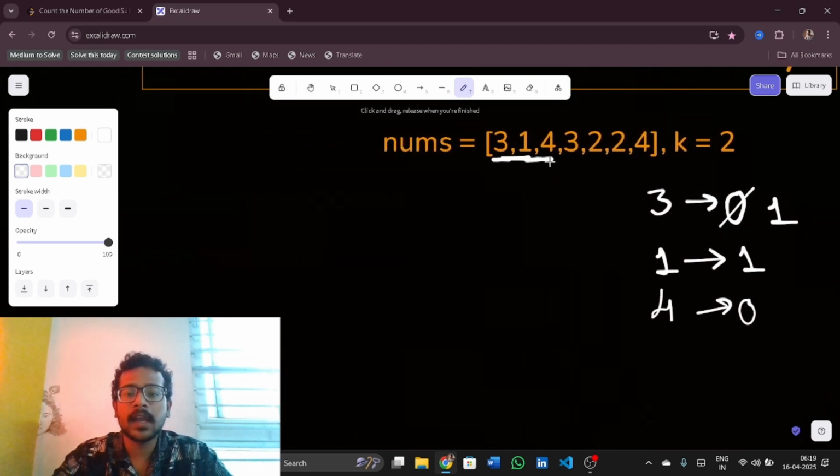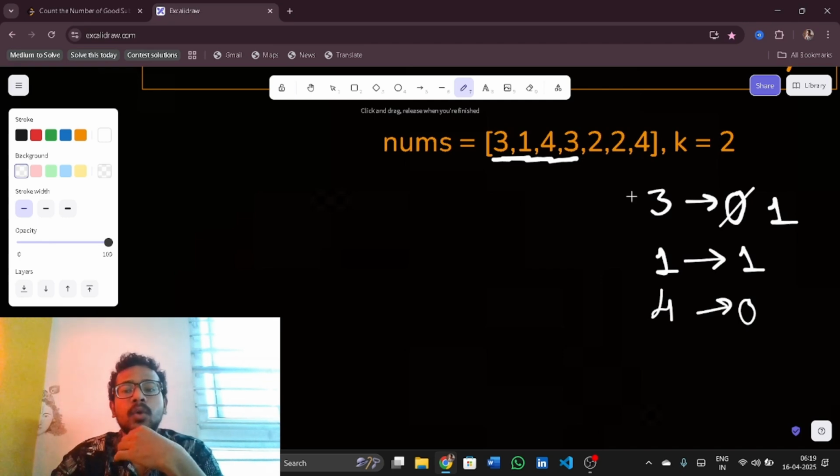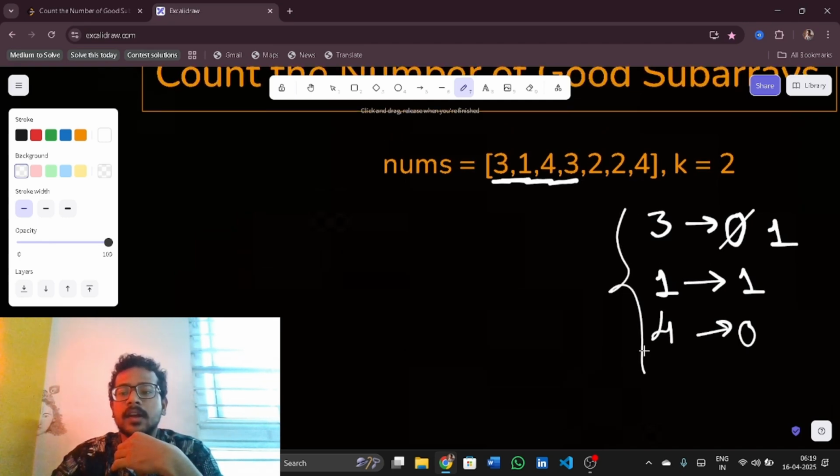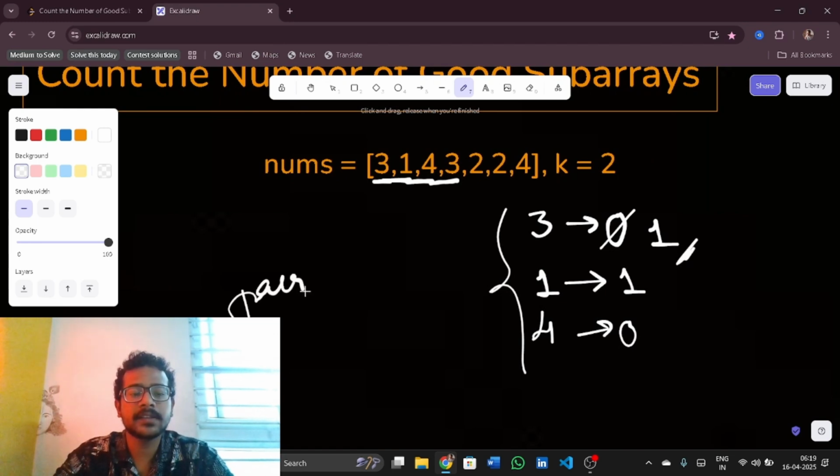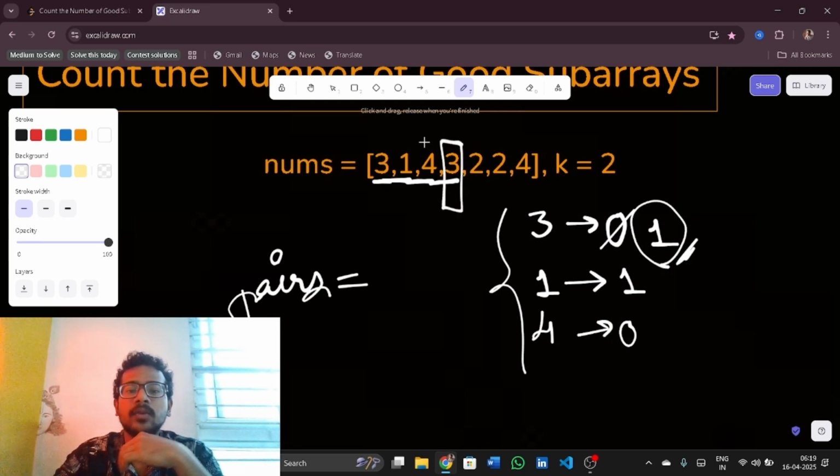Now I have 3. Do I have a 3 before? Yes. How many times? Just 1 time. So the number of pairs that I can get is 1 pair with 3. Why? Because when I get to this 3, I know that previously I have one 3, so this 3 with that one can make 1 pair.